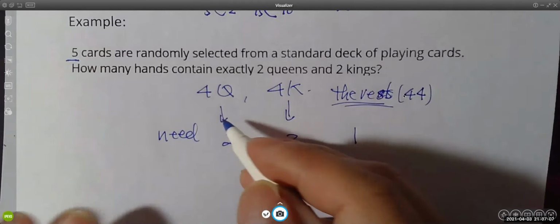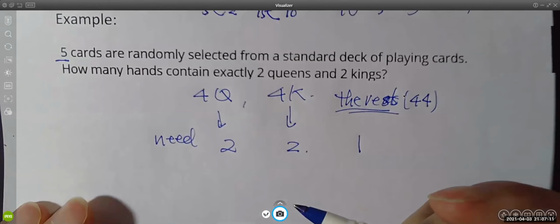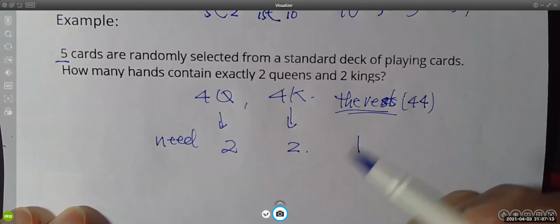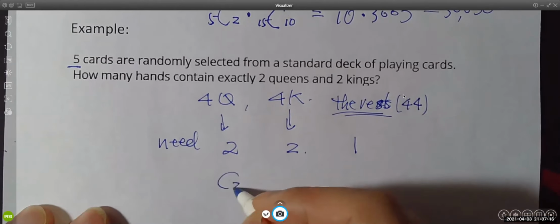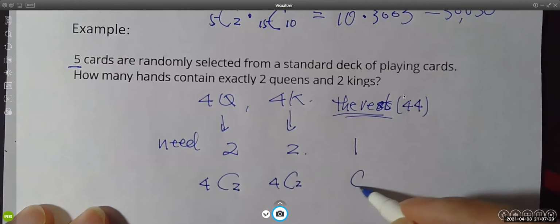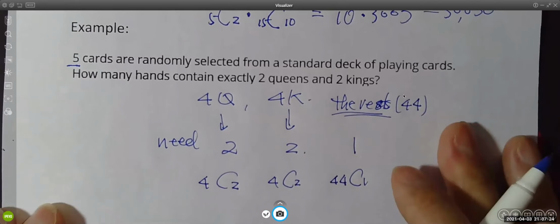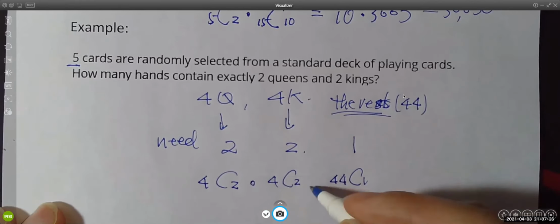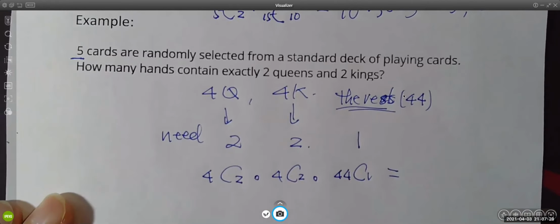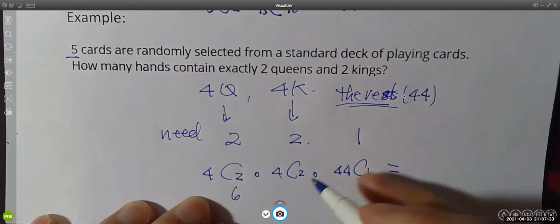Now each selection is a combination, because we know when you play poker, the order in which you receive those cards makes no difference. So we select 2 out of 4, we select 2 out of 4, and we select 1 out of 44. Now multiply them together according to the fundamental counting principle. And each one is 6. I'm going to use a calculator to show you.